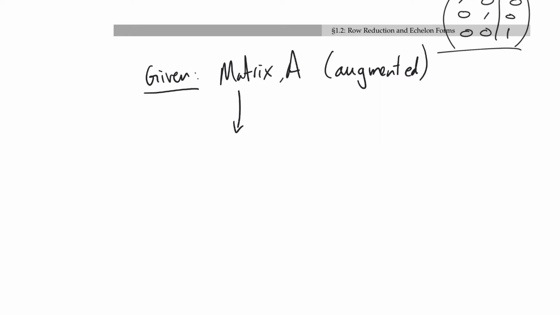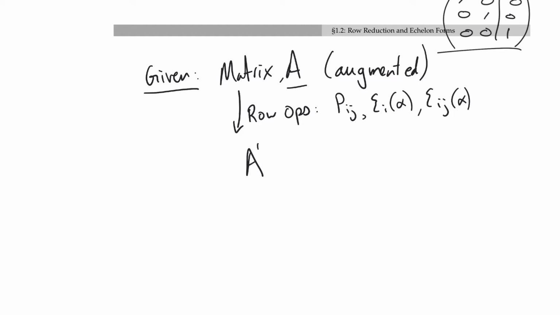By a series of row operations, namely those elementary operations, we are going to reduce this matrix A into a new form, A prime, where A prime is the reduced row echelon form of A. This whole process here is called row reduction.